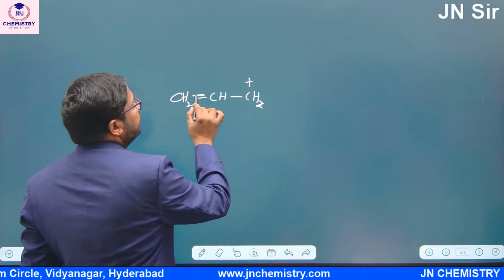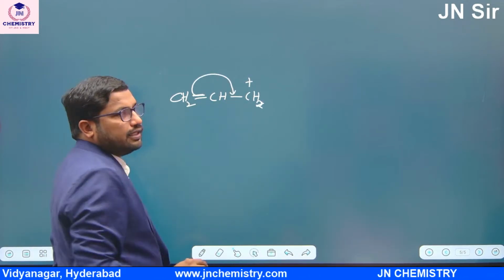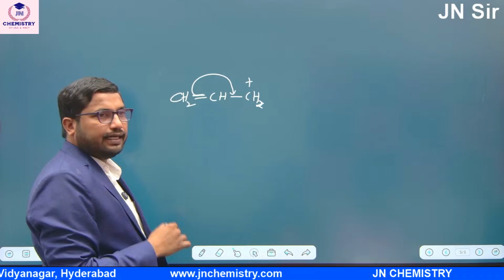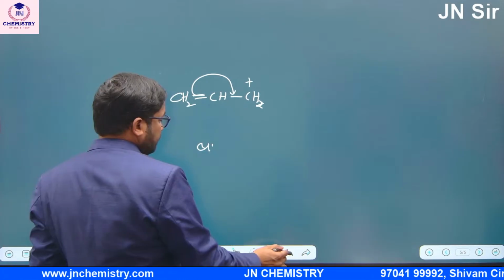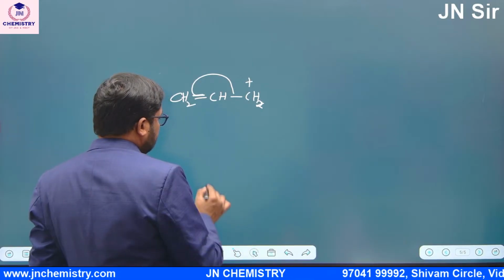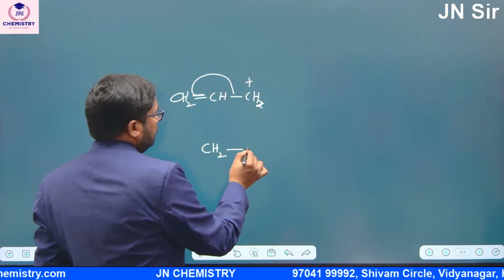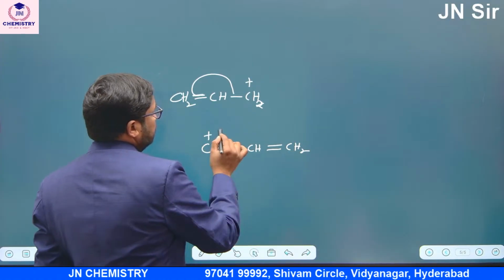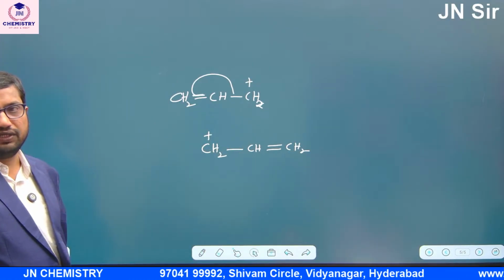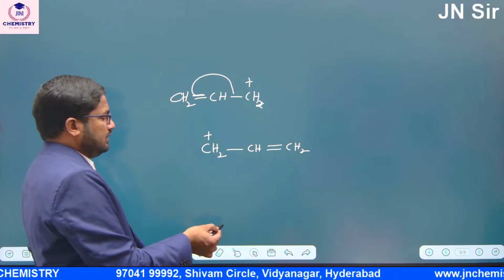So directly I am just writing that the pi bond is migrating to here. We can do it stepwise, but no need. Directly I am writing CH2 CH double bond CH2. Here is the positive charge now. Once again, what exactly happens?